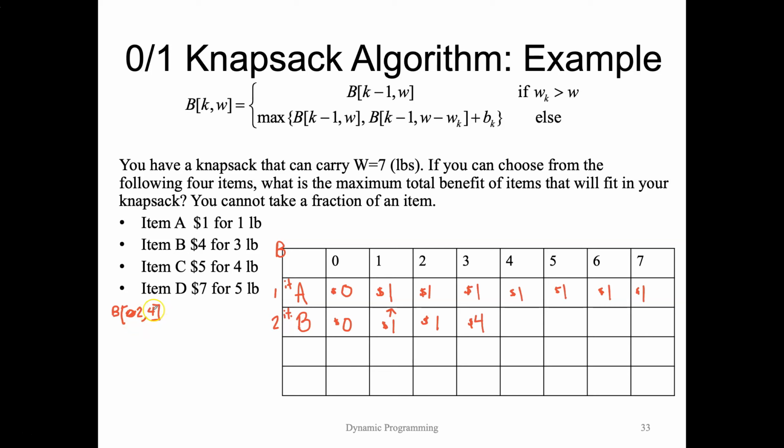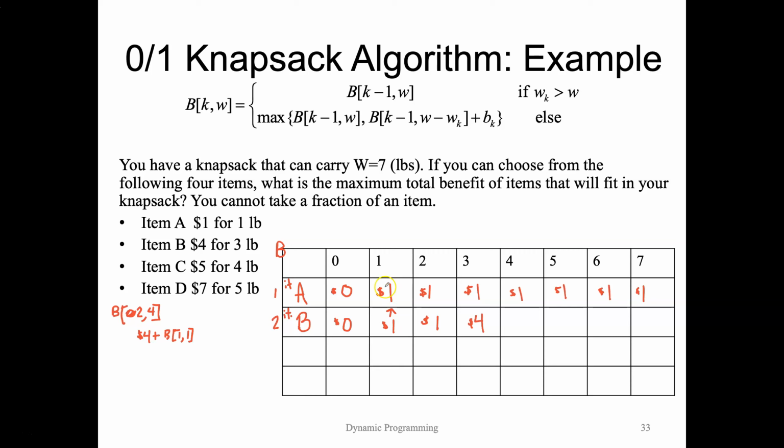You have to consider, if we don't take item B, we only get $1. If we do take item B, we get $4. Plus, since we can carry 4 pounds, but item B only weighs 3 pounds, we've got an extra 1 pound left over, which means we're going to look at how much we can get taking from the first item, with just 1 pound left over.